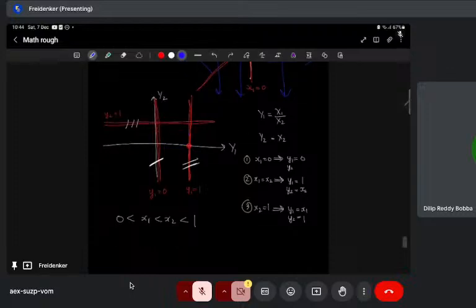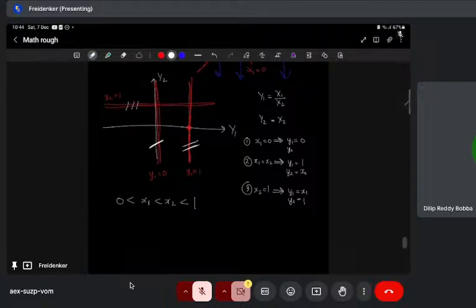So when I say x1 and x2 are greater than 0, it means x1 and x2 should lie in the first quadrant. And if x1 and x2 are in the first quadrant, what does it mean? It would mean y1 is positive, or non-negative for that matter. Oh, okay, x1 and x2 can't be 0. So, okay, that is fine.